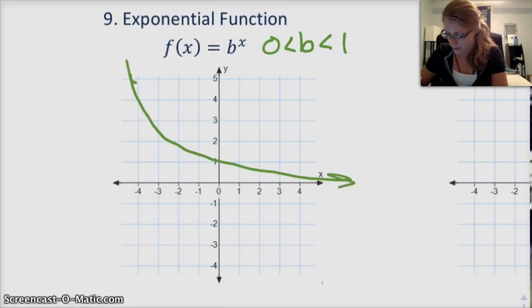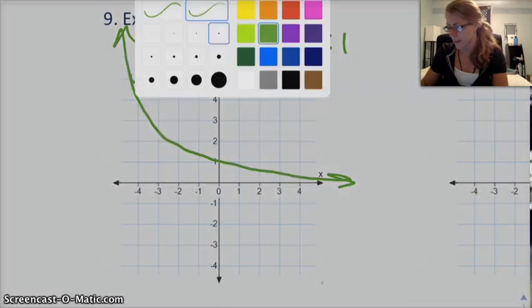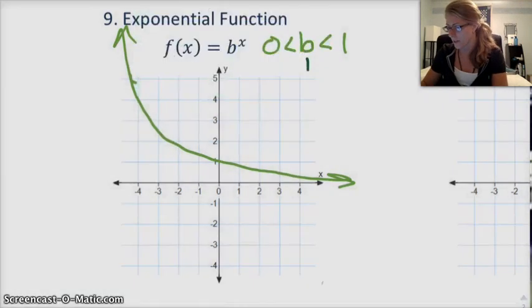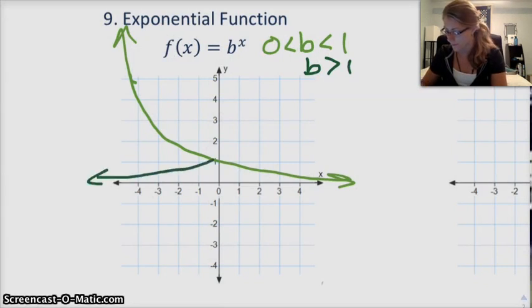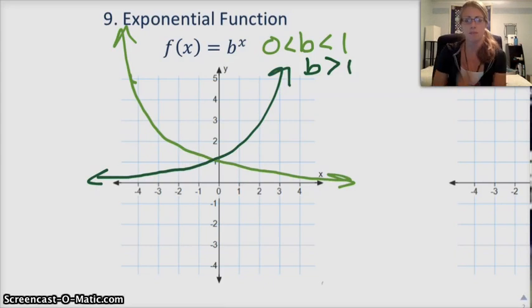It has an asymptote of the x-axis, okay? And then in darker green, if b is larger than 1, then you have it facing the other direction.